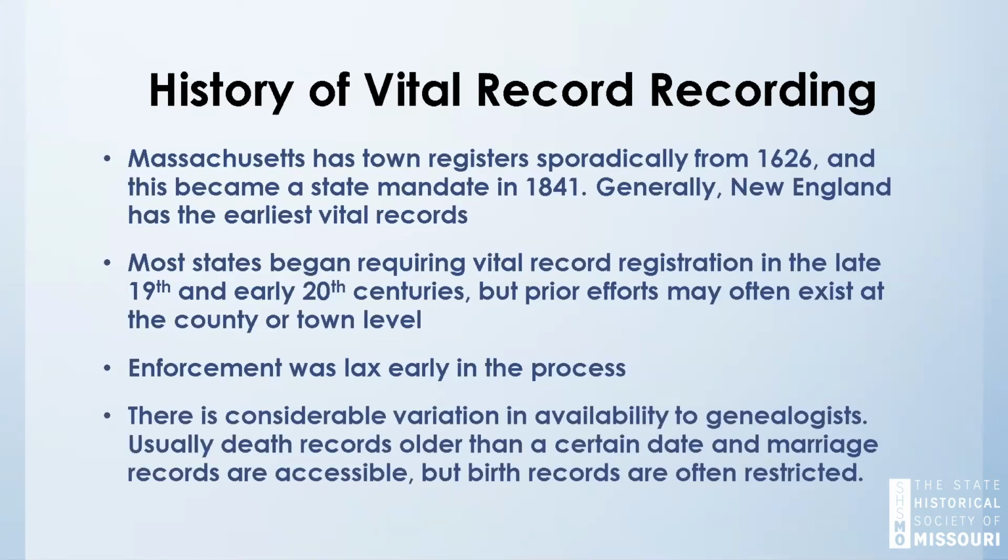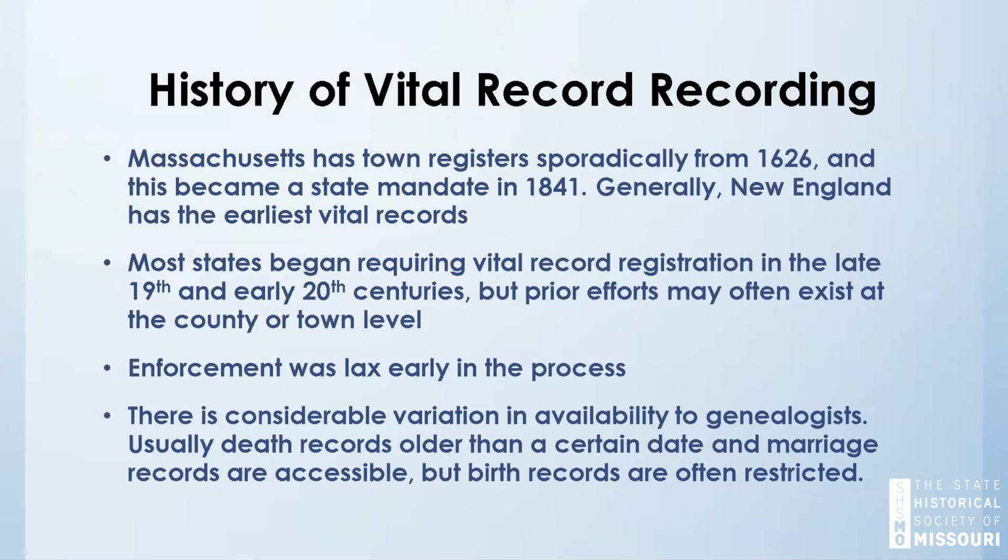There's considerable variation in availability to genealogists. That's kind of changing, and I'll talk about Missouri's situation there. But usually death records are older than a certain date, and marriage records are accessible, but birth records are oftentimes restricted.